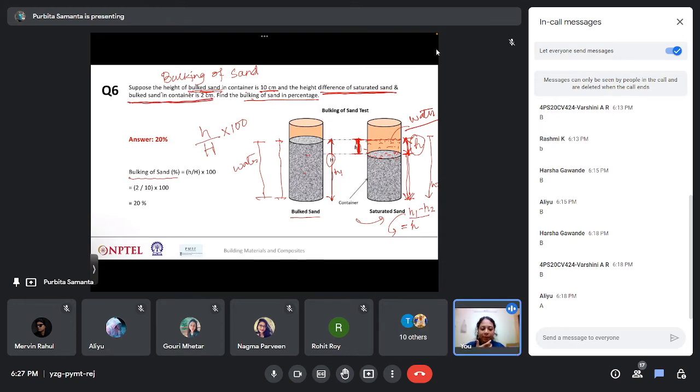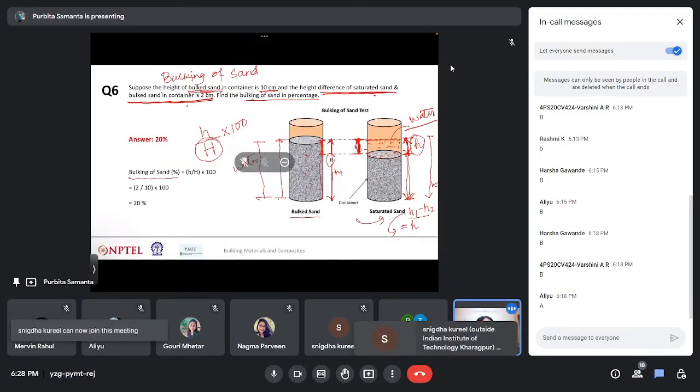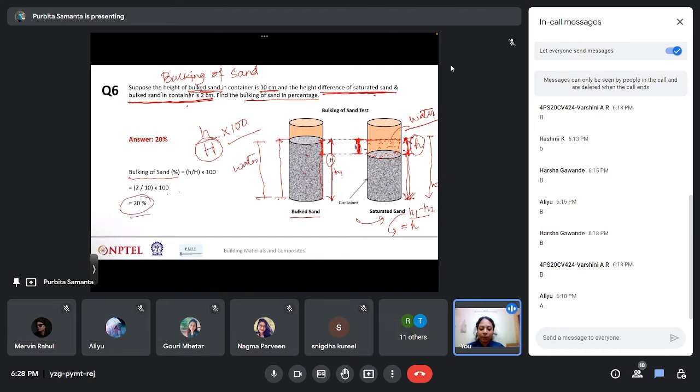I hope now you are able to understand what I mean by saturated sand. The difference is small h, and we divide by the total height, capital H, into 100. So 2 by 10 into 100 gives you 20%. So the percentage of bulking this particular sand already had is 20%. This is how we calculate.